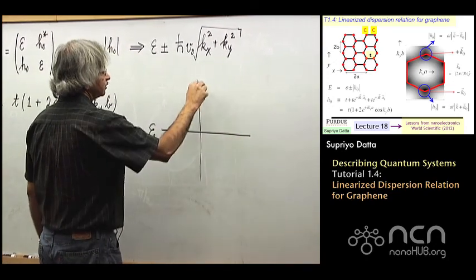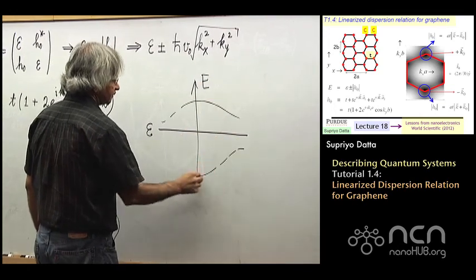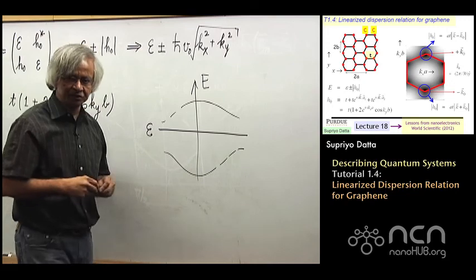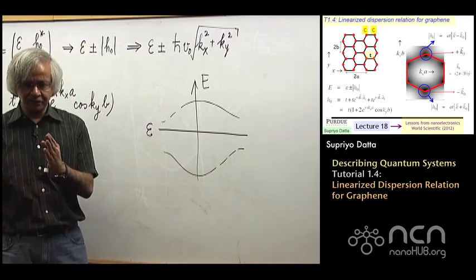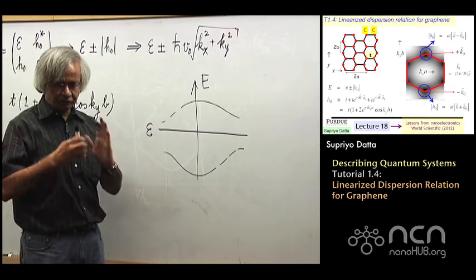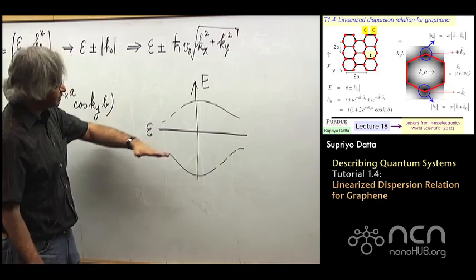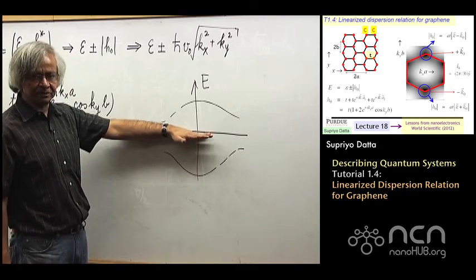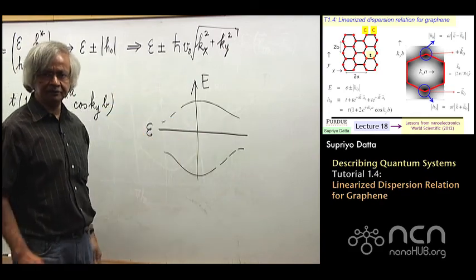So if you looked at the energy eigenvalues, there will be some branch here, some branch there. Of course, it's a two-dimensional thing, so it's hard for me to plot it here because E is a function of Kx and Ky, so you kind of need three-dimensional plots, okay? Or you have to take a particular direction and plot it. But no matter how you do it, the point is there is this line of symmetry epsilon, and for every point above it, there's a corresponding one below it.